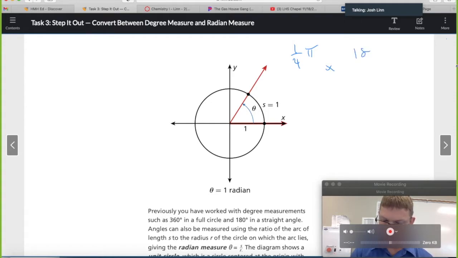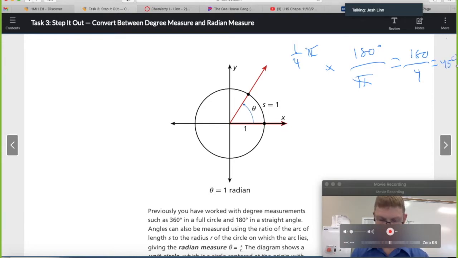There are 180 degrees over pi radians. Then we can just finish that out. Our pi's cancel out, so then we have 180 over 4, which is equal to 45 degrees.